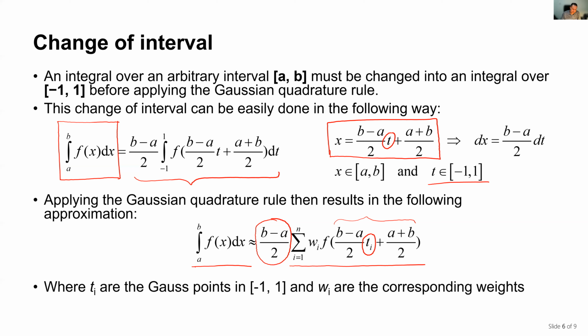And w_i, of course, are the corresponding weights. So by doing this change of interval, I can now calculate any integral using this Gaussian quadrature rule.